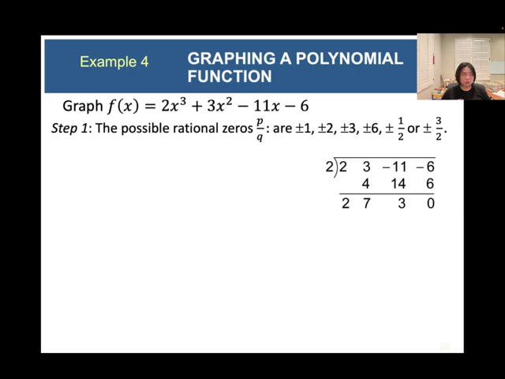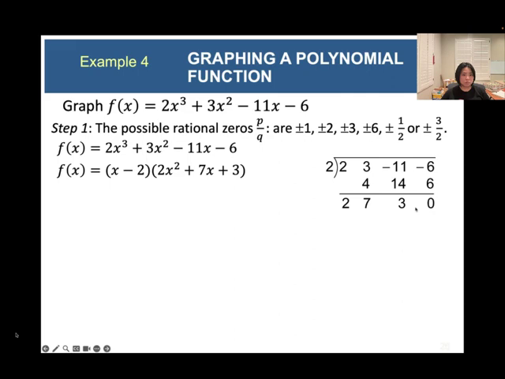Check your work. So x equal to 2 will be a zero, so we have one factor, x minus 2. And then write down this quotient: 2x squared plus 7x plus 3. Now, factor the quadratic here. So you should get this.